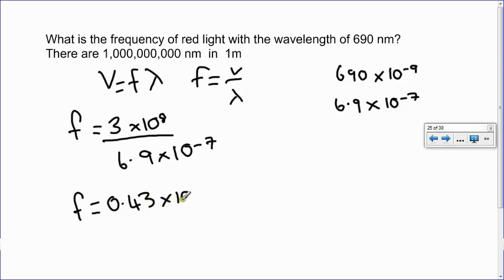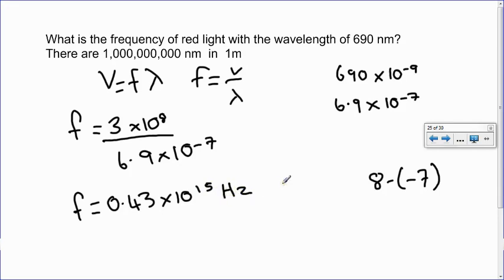And then we need to take away the powers. Oh, this is a bit tricky. So we're taking away 8, take away minus 7. So a minus and a minus is a plus. So 8 plus 7 is 15. So our answer is going to be 0.43 times 10 to the 15, frequency measured in hertz.